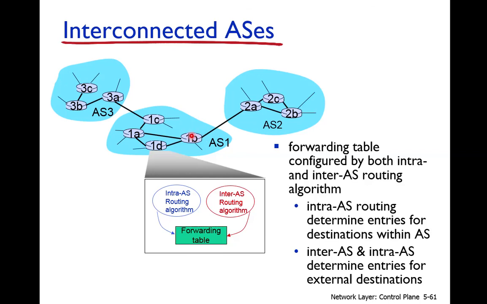So the gateway router uses both inter-autonomous system routing and intra-autonomous system routing, but the non-gateway nodes only use intra-autonomous system routing. The gateway nodes run both, that is, they know about the routing between autonomous systems.